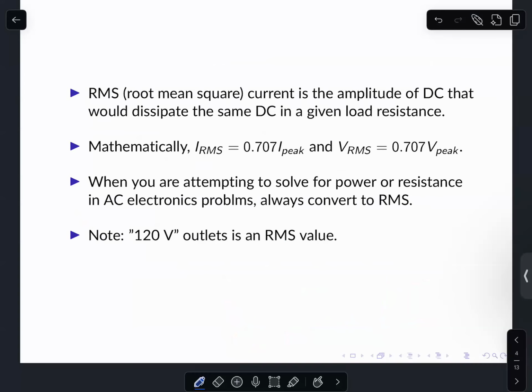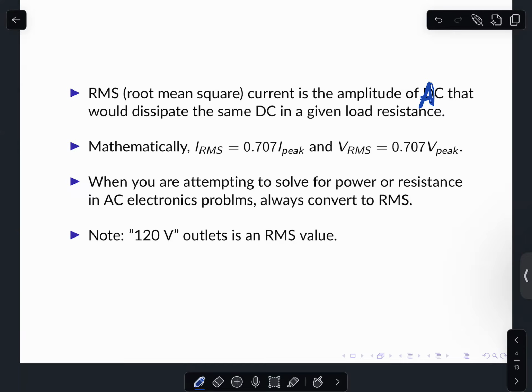RMS stands for root mean square. Root mean square current or voltage is the amplitude, this is the definition of it, the amplitude of alternating current, the amplitude of AC, that would cause the same power, the same heating rate, same transfer of energy in the same resistor.